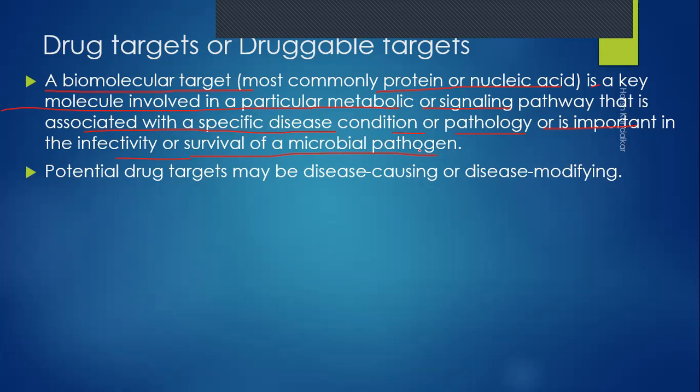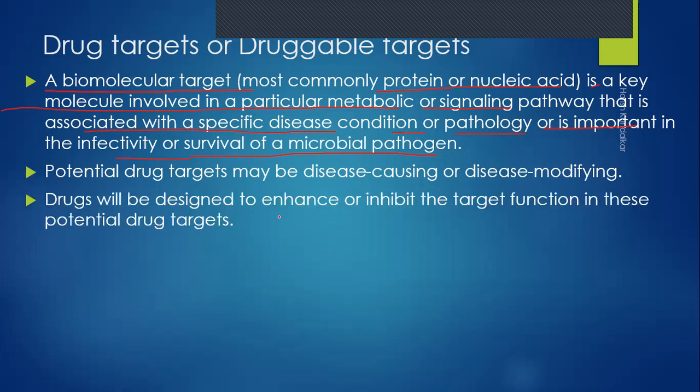Okay, so if we have a disease causing target, we can just inhibit that target. If we have a disease modifying target, then we can think of either inhibiting or maybe enhancing its role. So drugs will be designed to enhance or inhibit the target function in these potential drug targets.